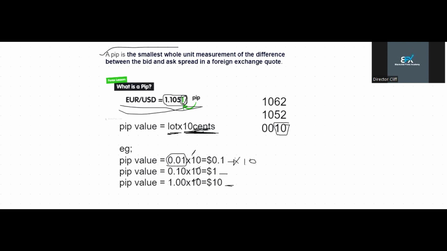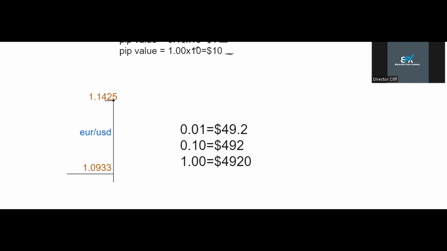So now let's come down here. Let's use this mathematics. You enter a market at this level on euro dollar, and then you exit at 1.1425. And you find the difference between these two. Let's calculate together.